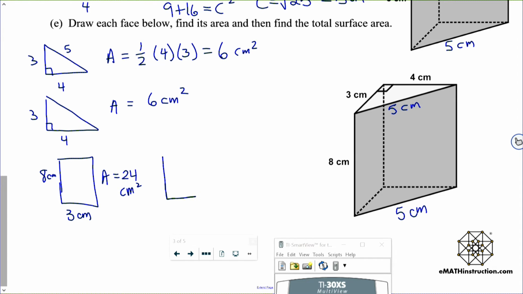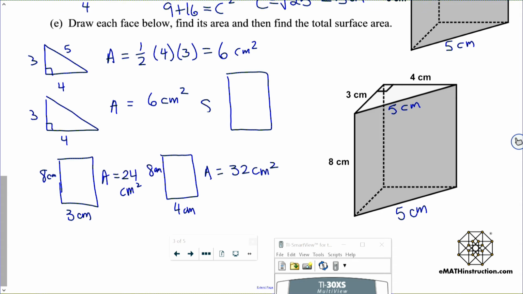I've got another rectangle that is 8 centimeters high and 4 centimeters wide, and it's going to have an area of 32 square centimeters. And finally, using all my available space, I've got a rectangle that's 8 centimeters high, 5 centimeters wide, so it's got an area of 40 square centimeters.